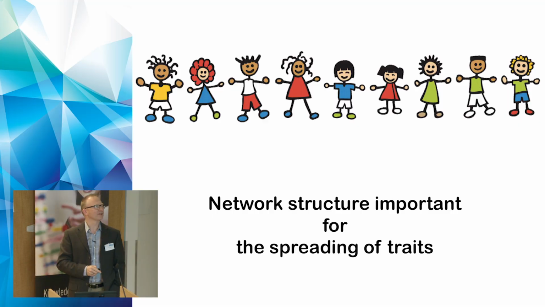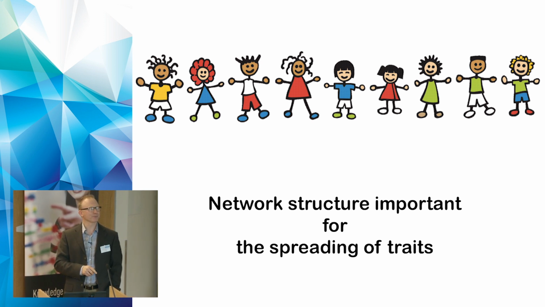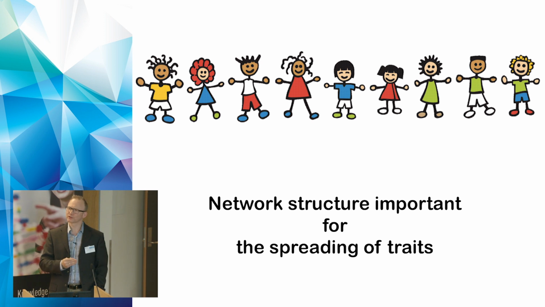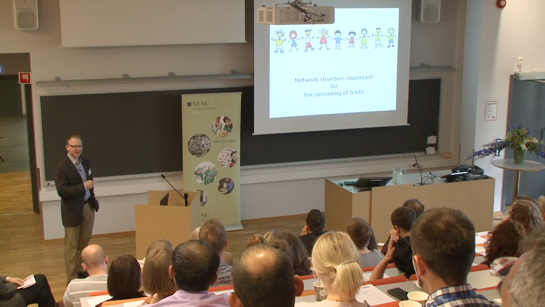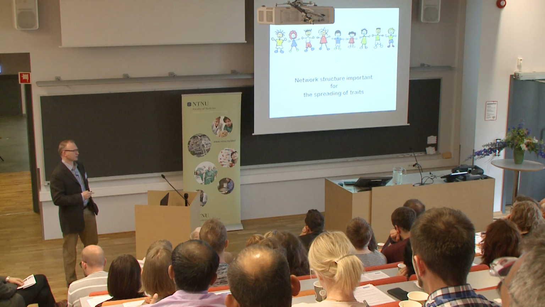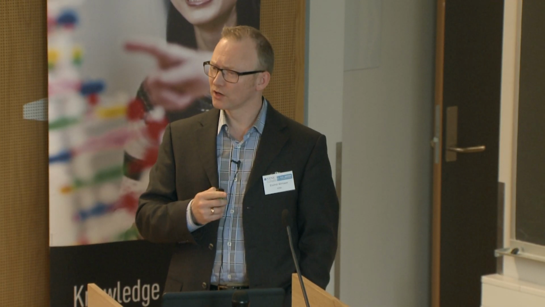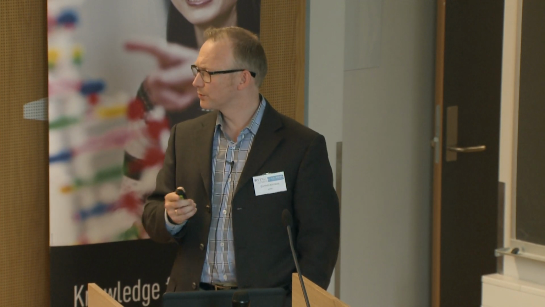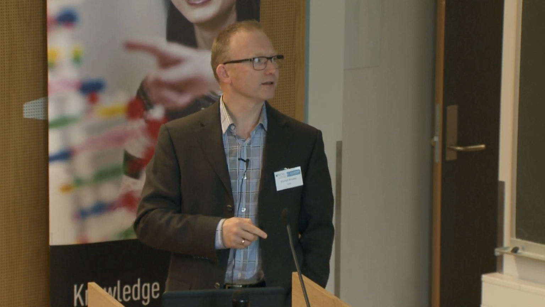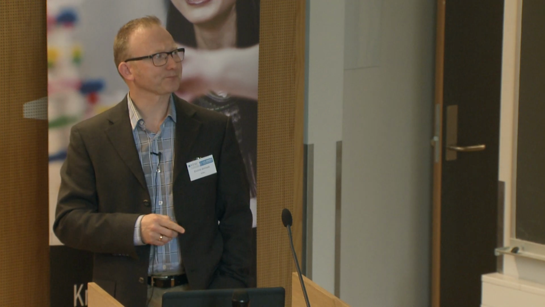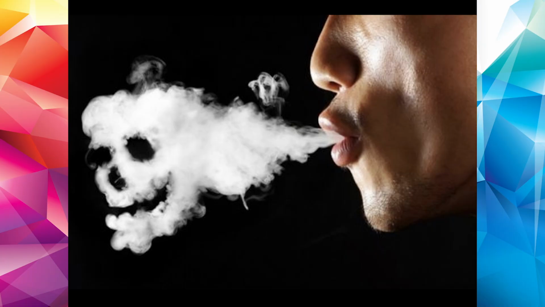So right now we'll go into the part of large-scale network structure. And in order to talk about that, a good example is spreading of traits. It could be spreading of disease, but I think of traits as a bit more closely related to what we're looking at in the hunt type of studies. Smoking.